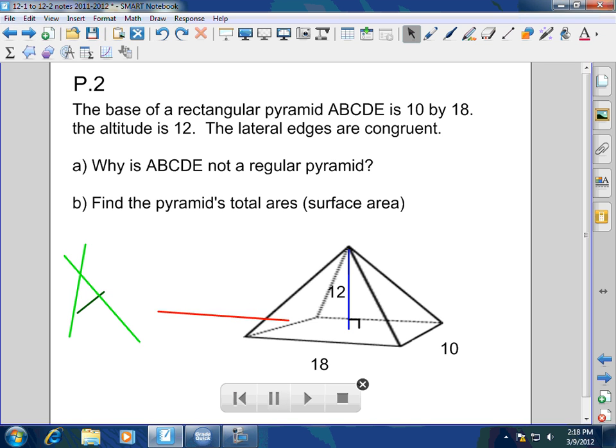Not only does it create a right angle, but it splits the sides in half. So making that now, instead of 10, 5 and 5. It also splits the width in half, the other side, making that 9 and 9. Then I have one slant height on the side of the 10, and I have the other slant height on the side of the 18.